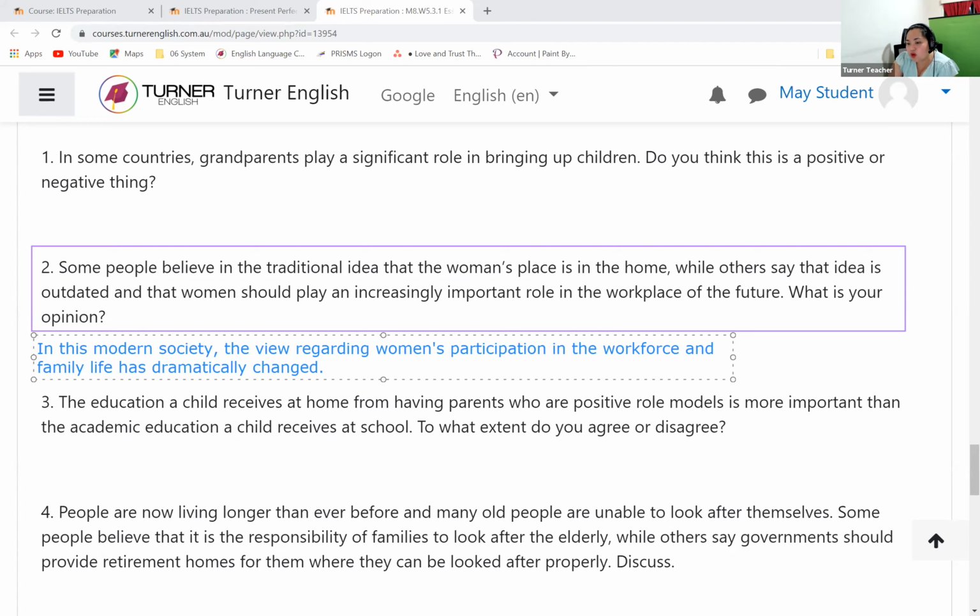So take out the workforce because you already have to work, and take out women since women, and then change that. So in this modern society, the role of women has changed since they have taken the responsibility to work more instead of staying at home.